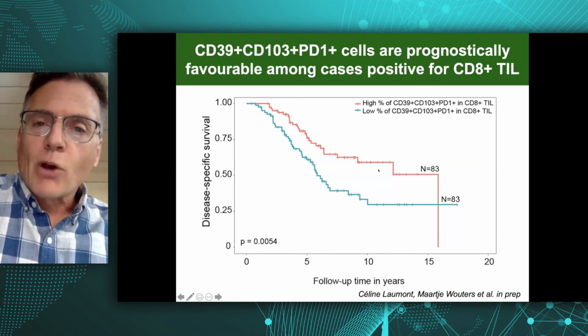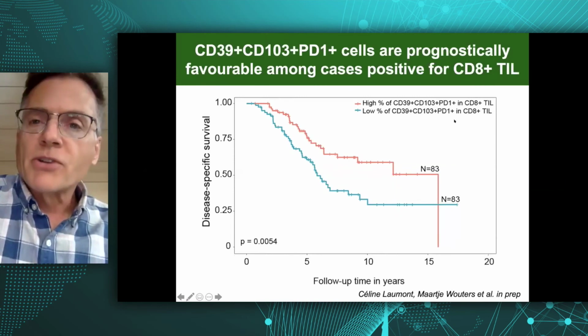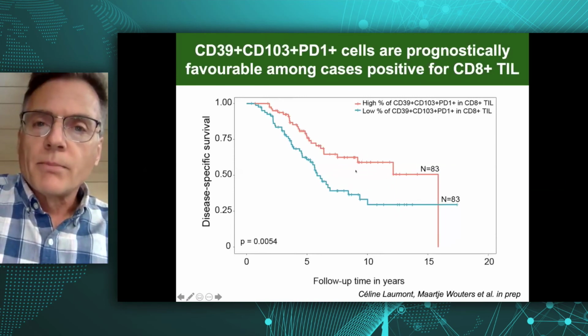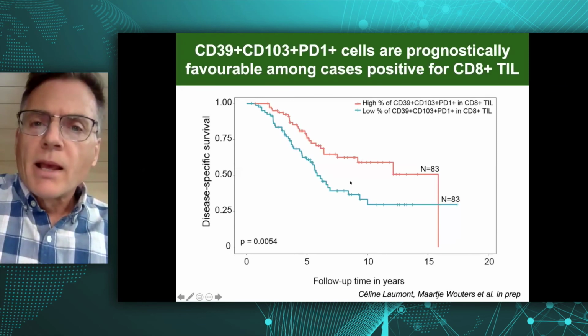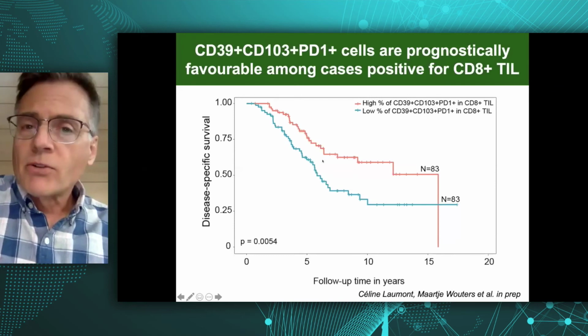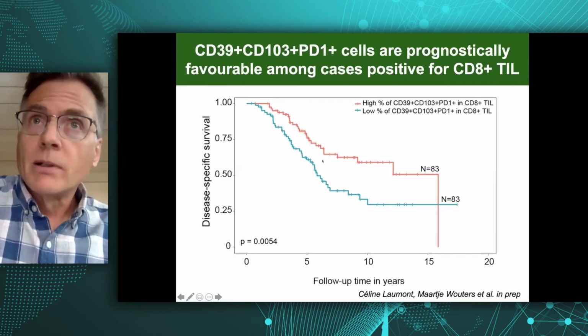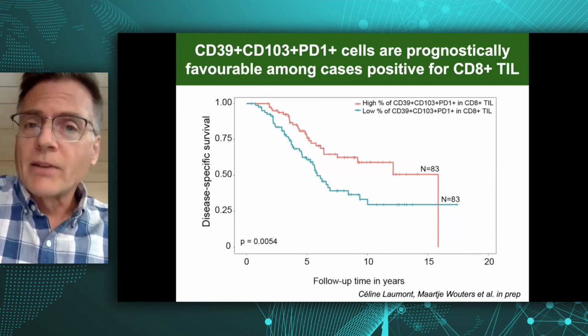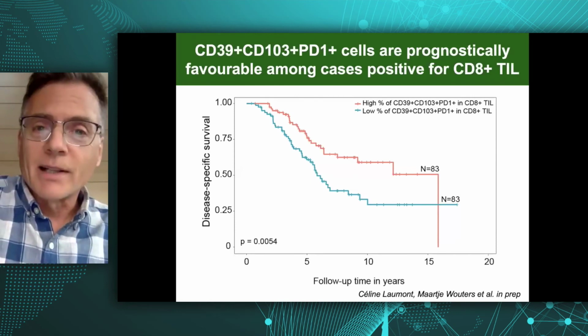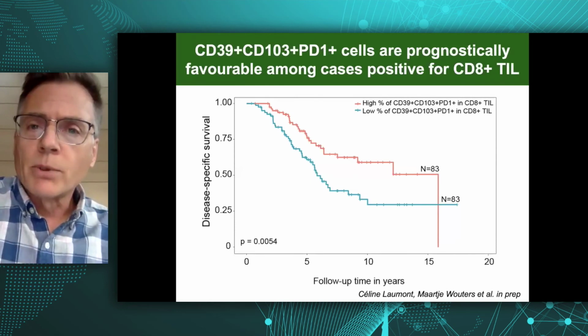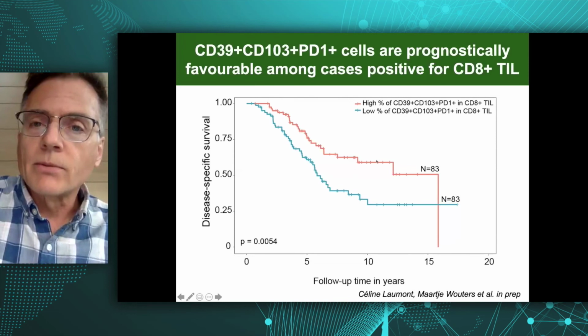The top line here are patients with these triple positive CD8 positive TIL, and the blue line is any other combination of these markers among CD8 positive TIL, or putting them below median. This is restricted to patients who are all TIL positive. So on both lines, these are patients who have hot tumors with CD8 positive TIL, but we're now further stratifying on these markers.